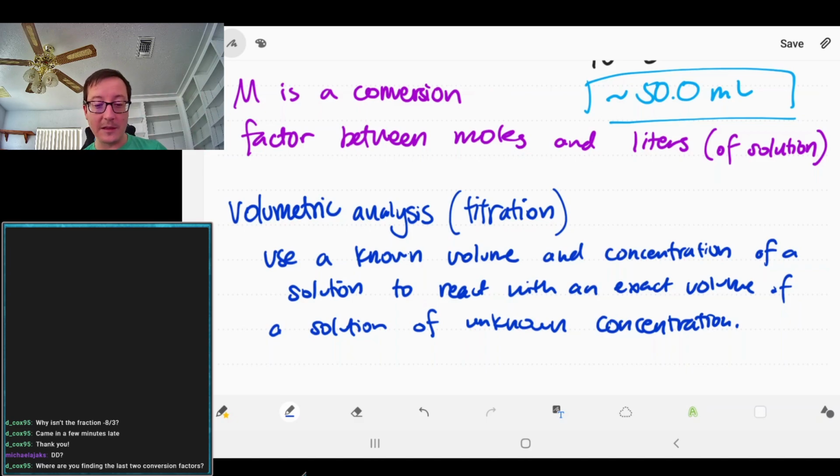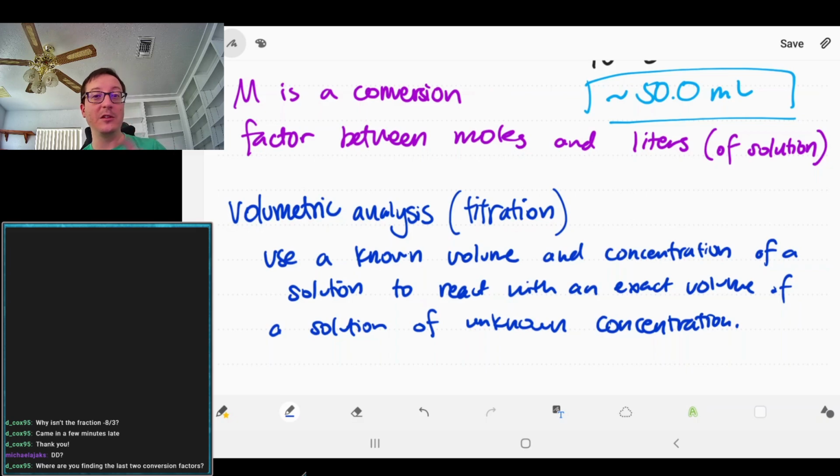For example, let's say you get pulled over for drunk driving. Shame on you. But if you do that, if you say you refuse the breathalyzer, which you generally should, you will end up being taken to either the police station or somewhere where they're going to take a sample of your blood and titrate it to figure out the ethanol concentration in your blood.